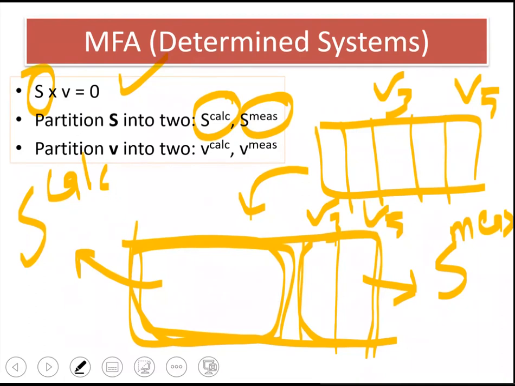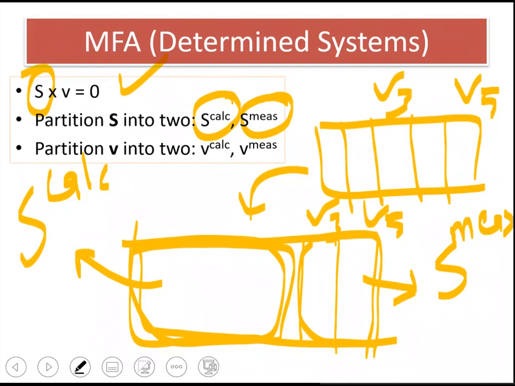What you should do for solving unknowns for determined systems using matrix representation is to group the columns of the S matrix into two different matrices.